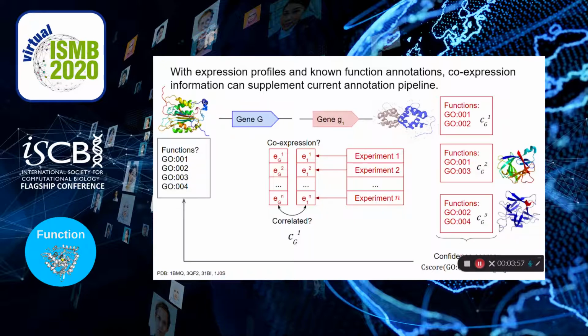Basically, we condense the information of gene G co-expressing with any possible other genes in this organism, and combine it with their own annotation of the function that we already know, to come up with a measure of how confident we are that the gene of interest is related to a certain function. So that's the general thought of how the pipeline is going to work.